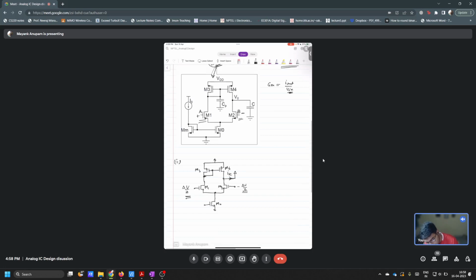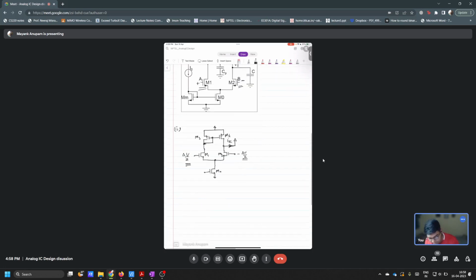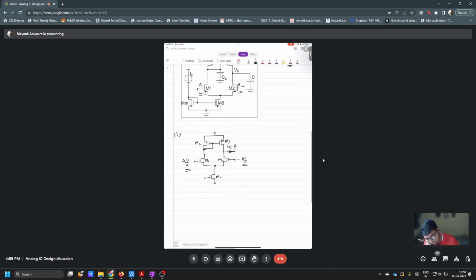Tell me what will be the short circuit current here. GM delta V. ISC at DC is equal to GM times delta V. And what is GM? GM of M1 and M2.